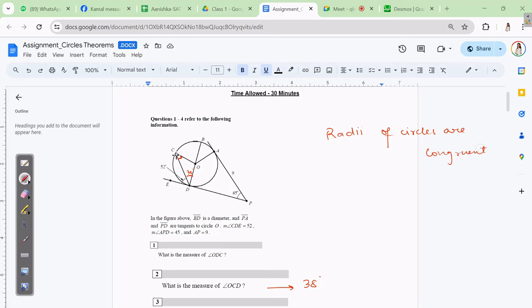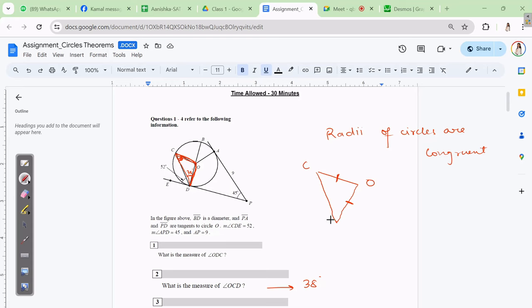So if you look at this, you have this as a radius and this as a radius. OD is a radius and OC is a radius, right? So can you now find out this angle? If you look at this triangle, it would be 38 because the radii are congruent. Yes, radii are congruent, and then this becomes an isosceles triangle.